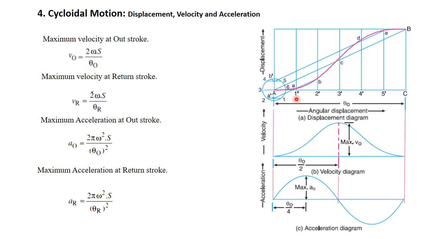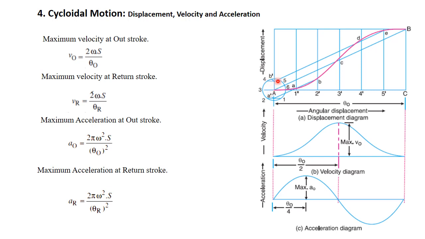Once we take the divisions, we draw the horizontal line passing through 1 and 2, the horizontal line passing through 4 and 5, and the horizontal line passing through 3 and 6.